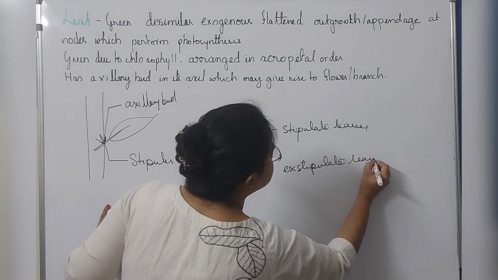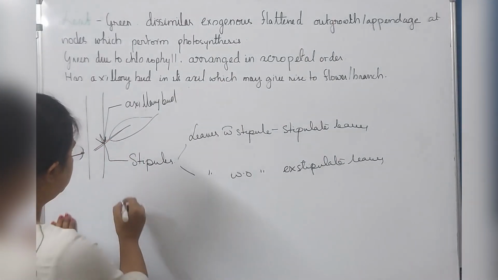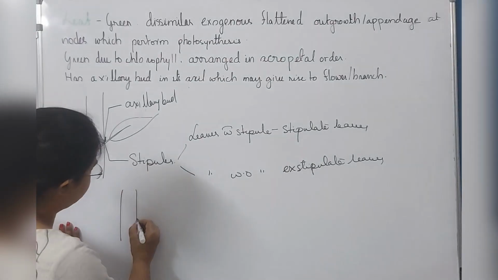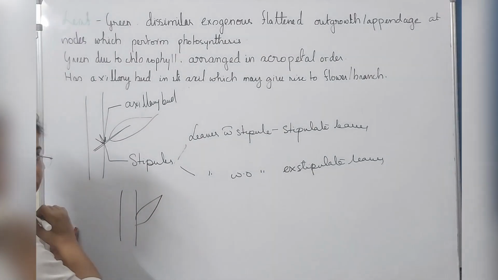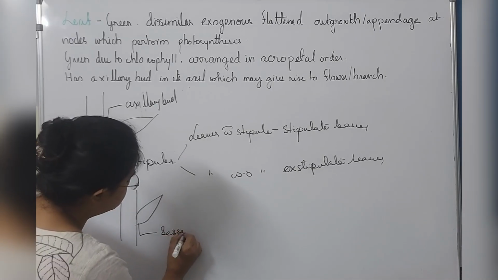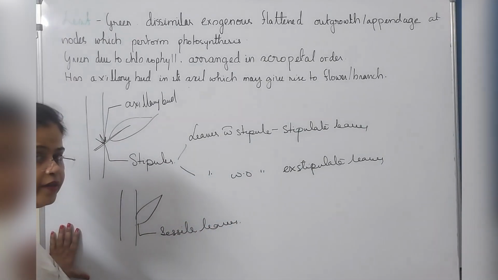Exstipulate leaves. Clear? और यहाँ पे we have a petiole, but some leaves may be without petiole. They are directly attached to the branch or the stem. Those leaves are called sessile leaves. Okay?